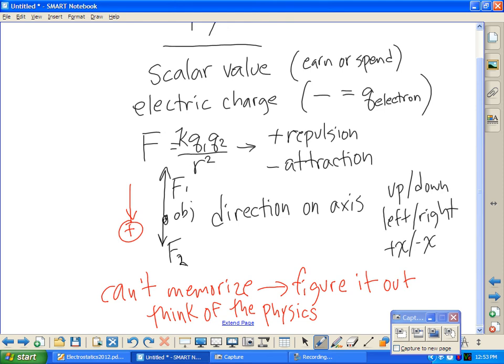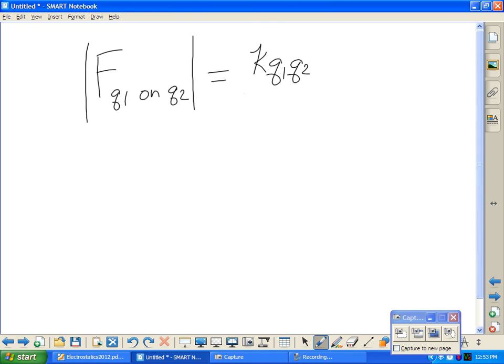Let's do one sample calculation, since we are recording this for posterity, and show how to work the nuts and bolts of the Coulomb expression to produce a quantitative answer in a simple problem. This is not a problem, this is the nuts and bolts of the calculation.